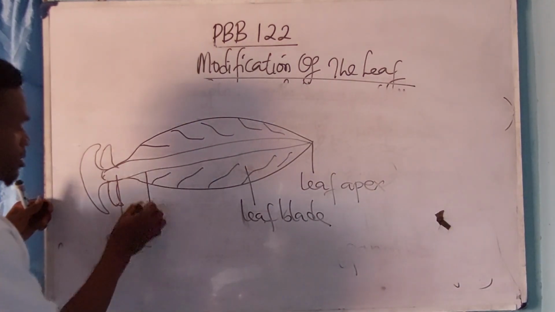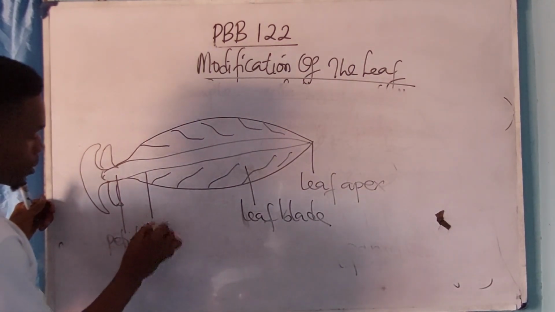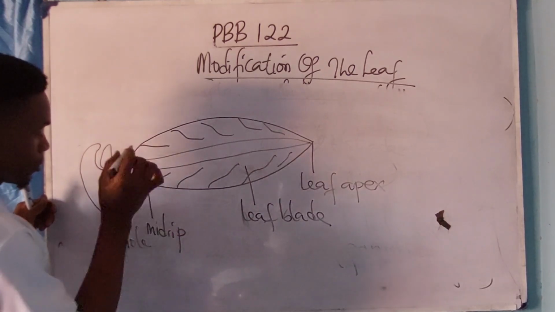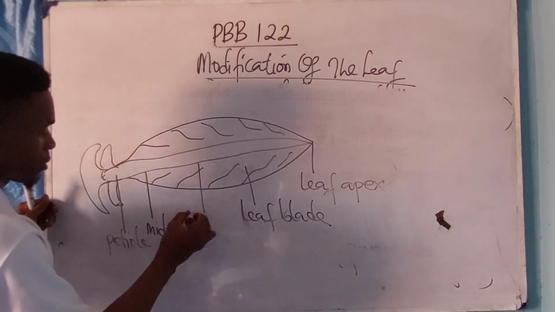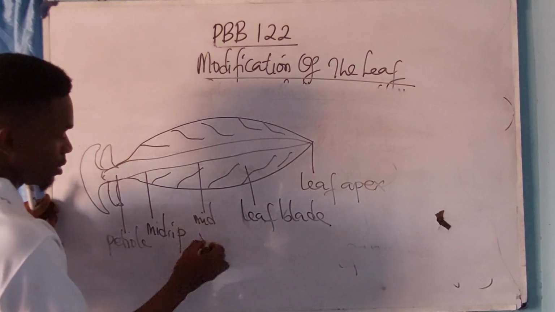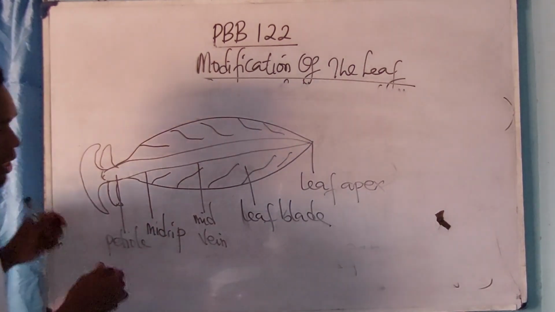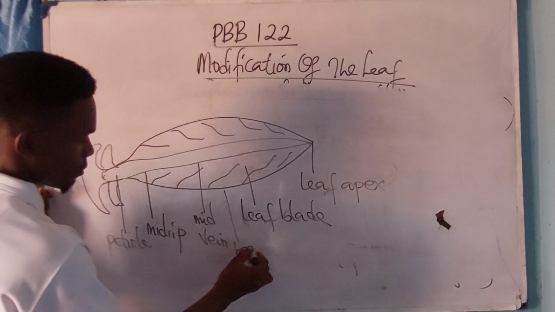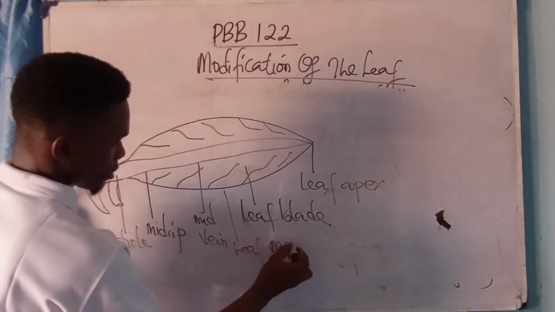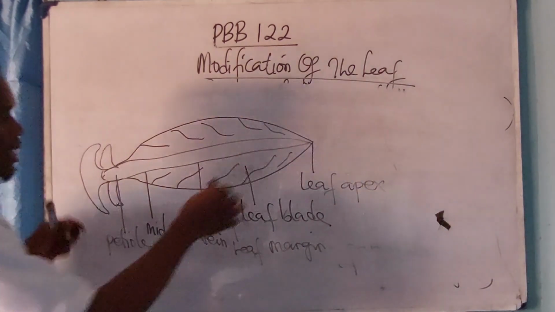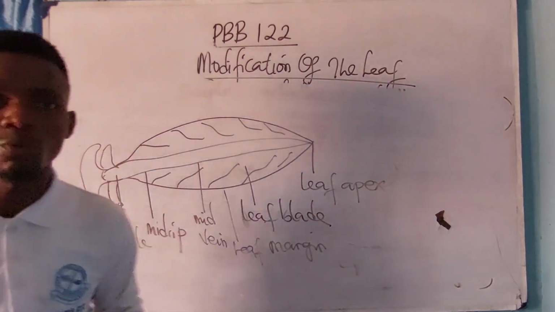This part is the midrib, and here is the midvein. And here is the leaf margin. So that is the structure of the leaf. Do have a wonderful day.